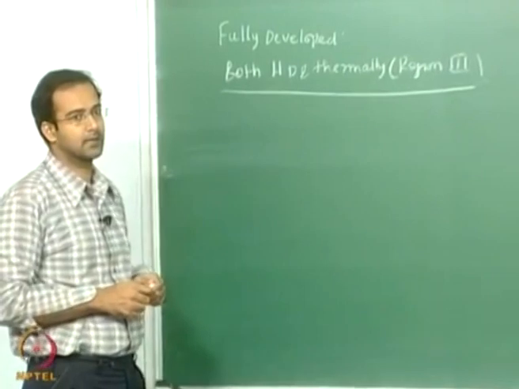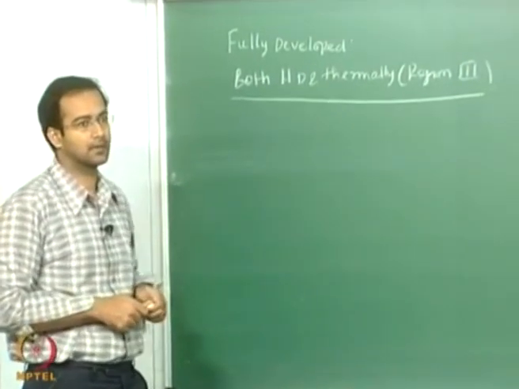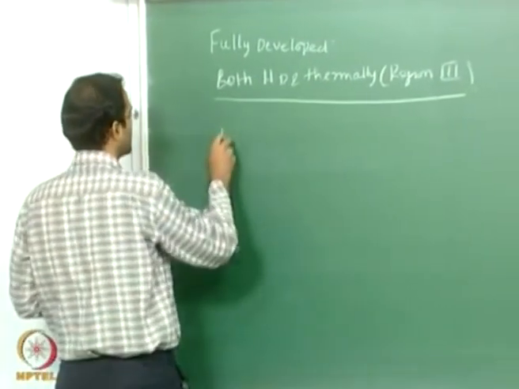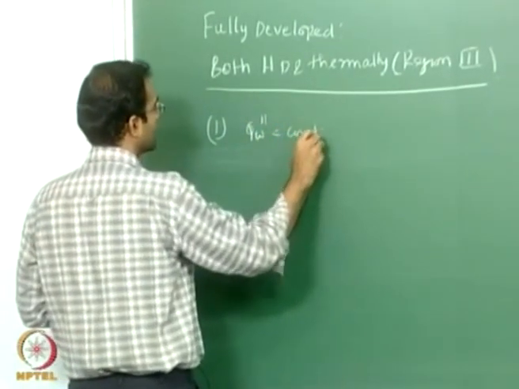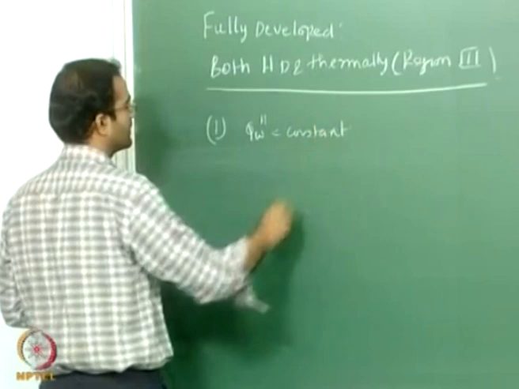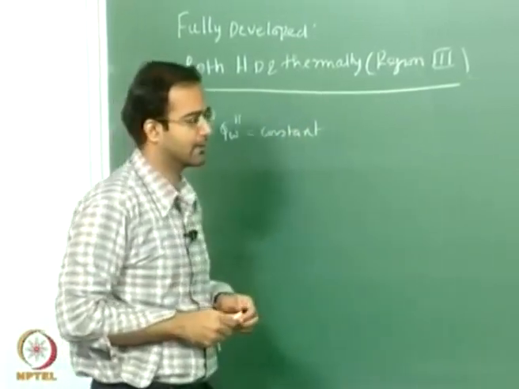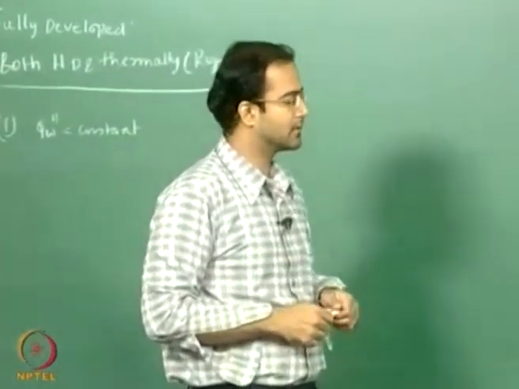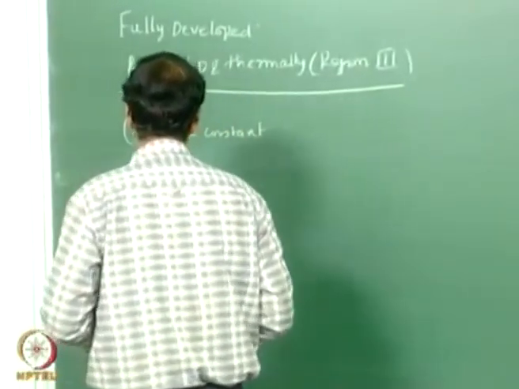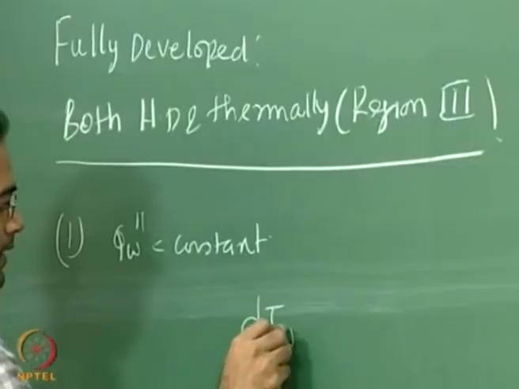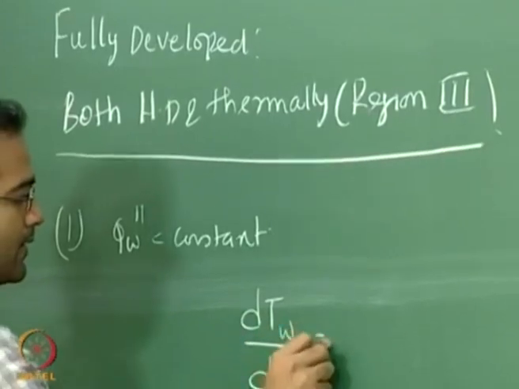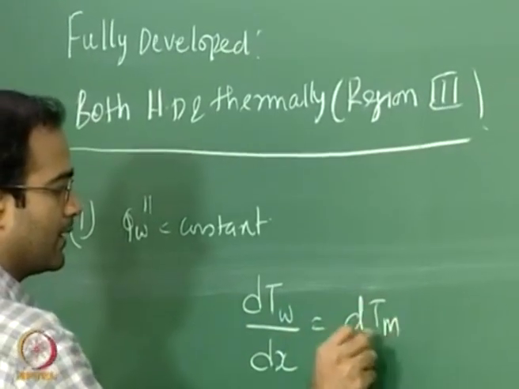The first case that we took was a constant wall flux boundary condition. So q wall double prime is constant, and for this particular case we have also shown that if your q wall is constant, that means your dT wall by dx should be equal to dTm by dx.